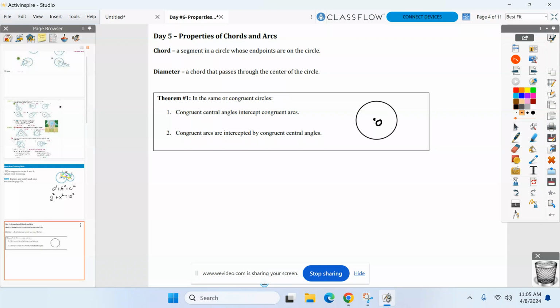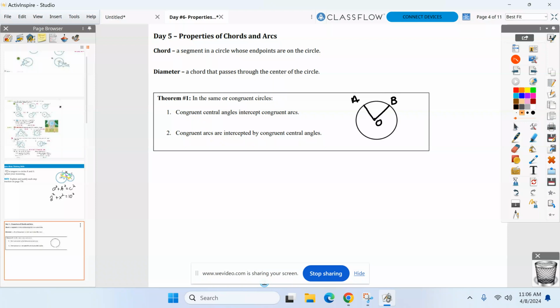Hopefully you remember central angles come from the center. So here's my central angle AOB. Now I'd like you to make a second central angle in the same circle that looks congruent to AOB.